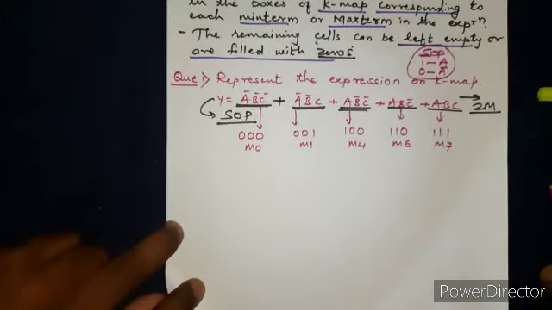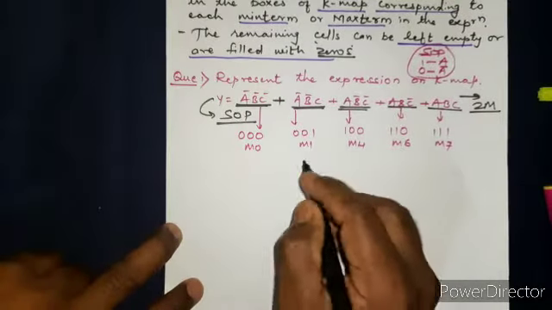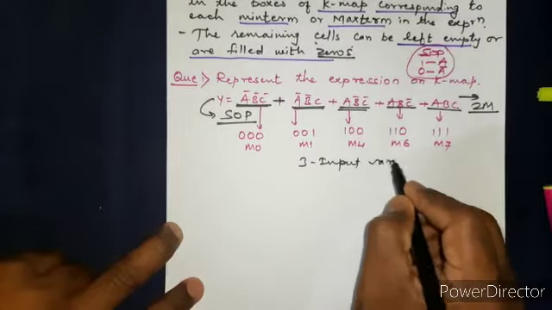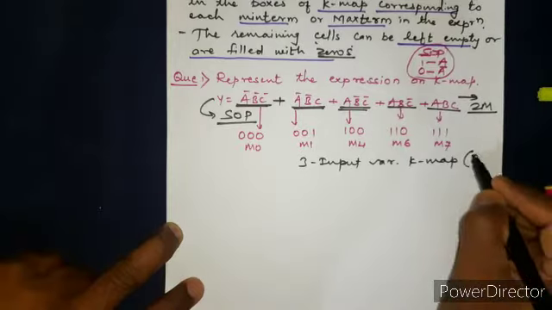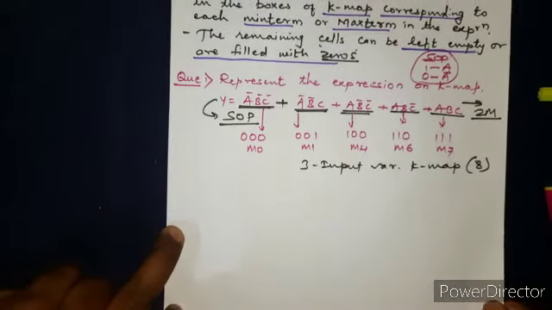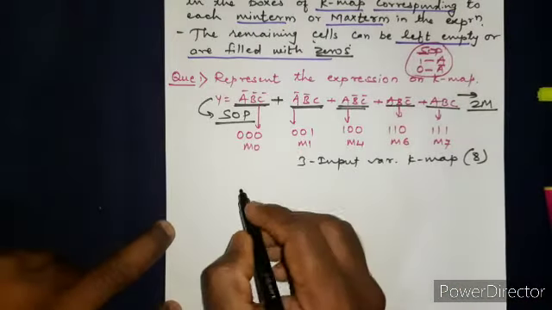Now since here we have 3 variables A, B, C, this becomes a 3 input variable K-map, which means we need to have 8 boxes. So we should refer to the 8 box structure here to represent this equation, right?